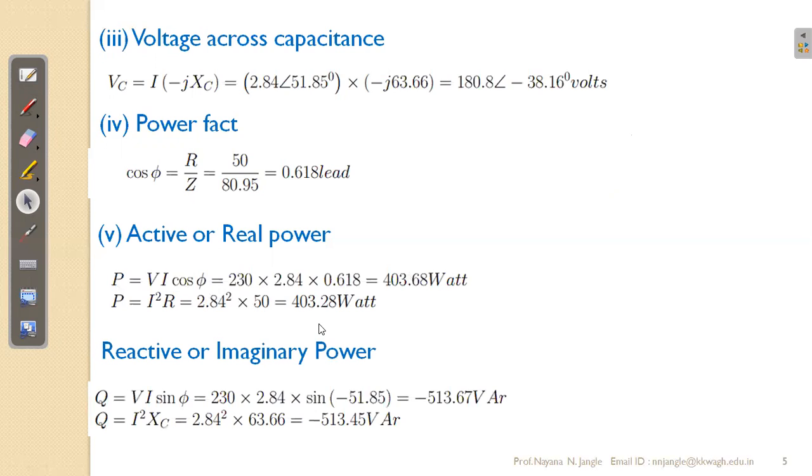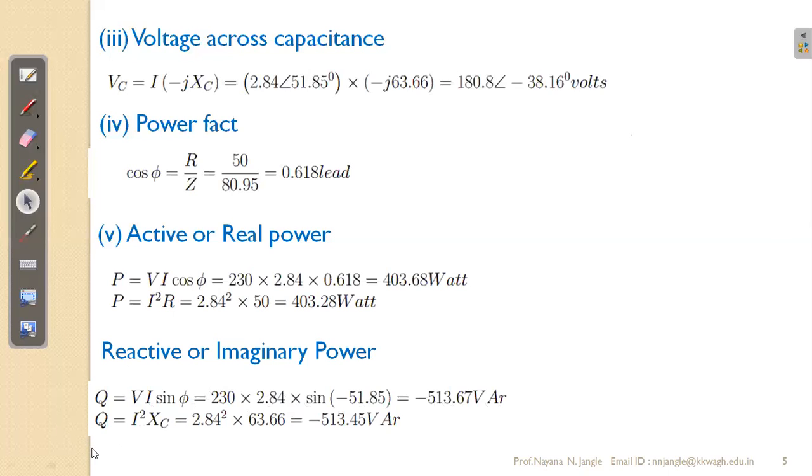The next is reactive or imaginary power. Reactive power is calculated by Q equal to VI sin phi. V is 230 volts, I is 2.84 and the sine of angle phi is 51.85 degree. After calculating this, we get reactive power as minus 513.67 VAR, that is volt-amperes reactive.